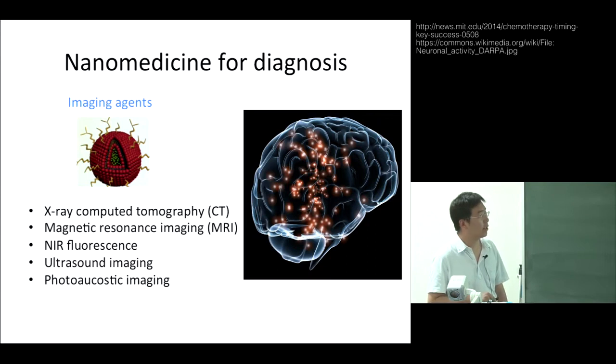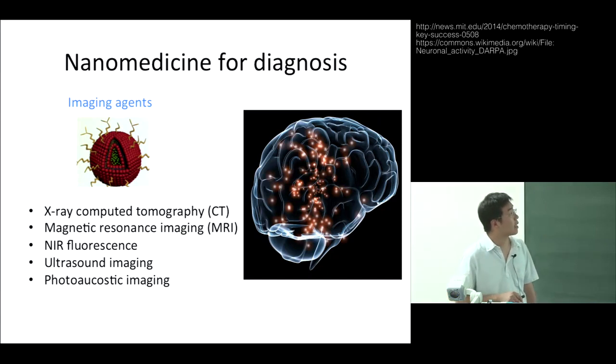These two are very common in the hospital for diagnosis of diseases. Also, near-infrared fluorescence from the nanoparticle can be used for imaging, and ultrasound imaging and, quite recently, photoacoustic imaging are also used for the diagnosis of cancer.